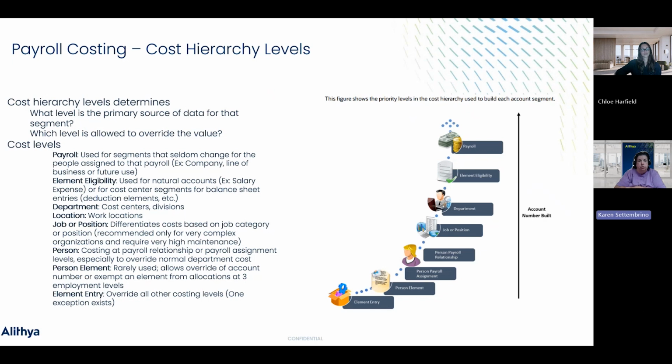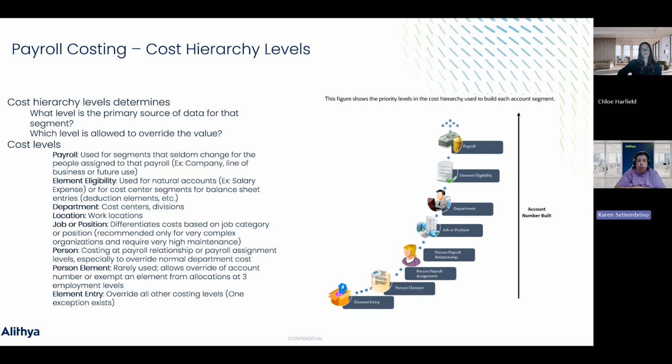The chart of accounts drives a lot of how core HR is set up, because we need to make sure, as an example, the cost centers are one-to-one relationship with the departments. There's a lot of information that goes between core HR and payroll and then the general ledger.